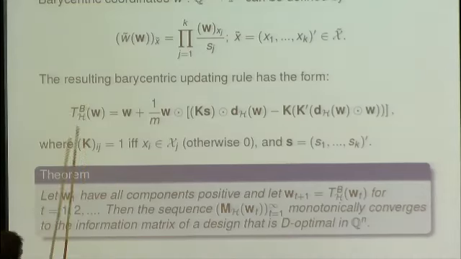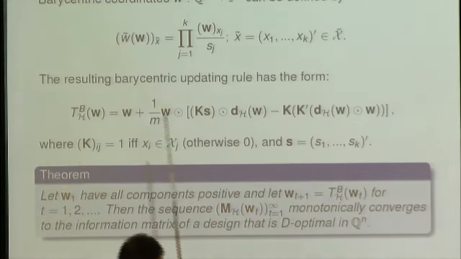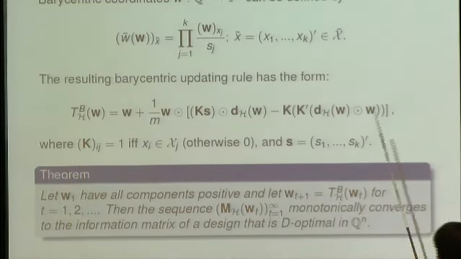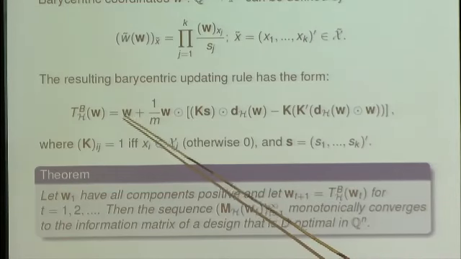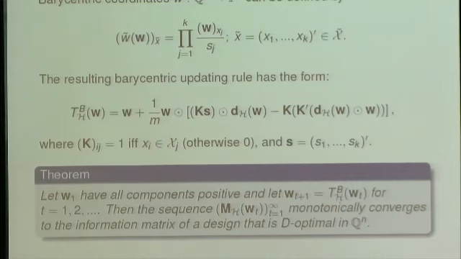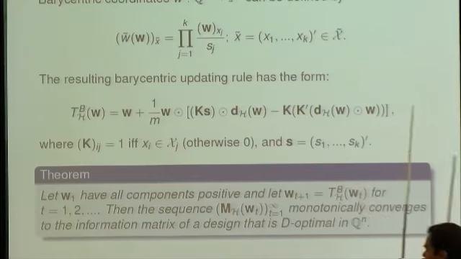So such a simple rule not only gives us, with increasing determinant, a sequence of designs with monotonic determinant under subsequent application of this barycentric algorithm, but as can be shown using some subtle arguments, it's not so simple, but it can be done, it converges to the d-optimal design in this constraint design space.